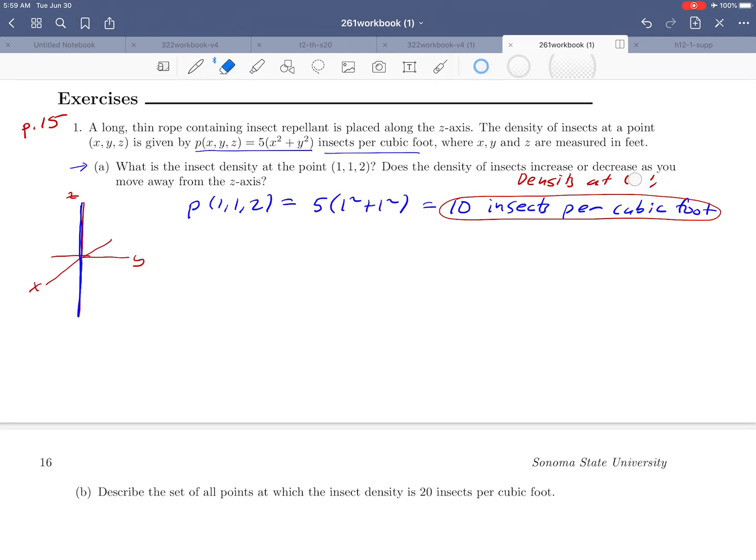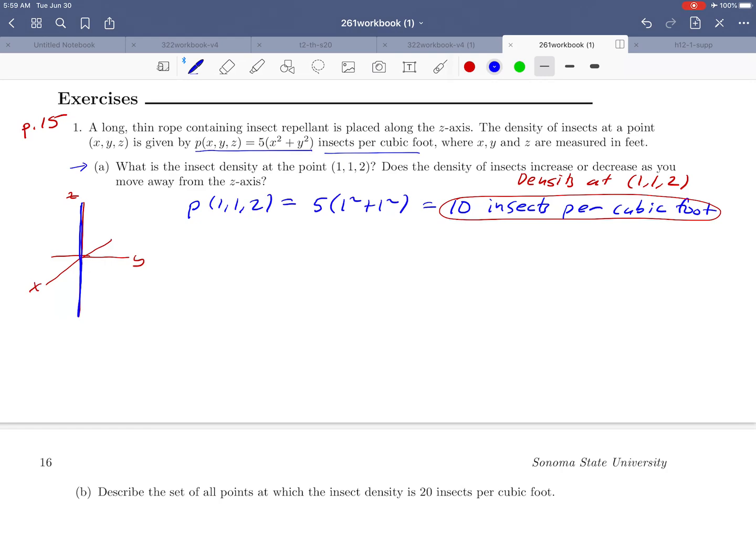Let's try to write that a little bit more neatly here. 1, 1, 2. Now there's a second part to this question. Does the density of the insects increase or decrease as we move away from the z-axis? Let's think about that for a minute.